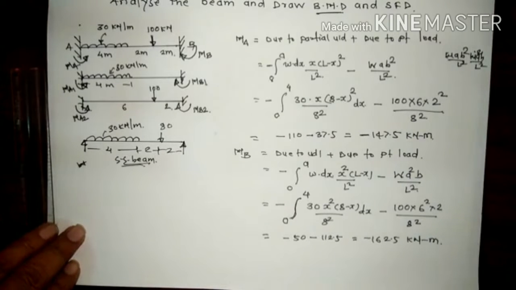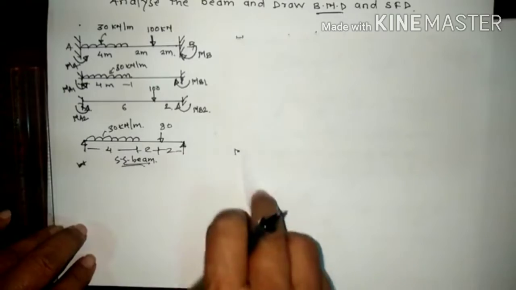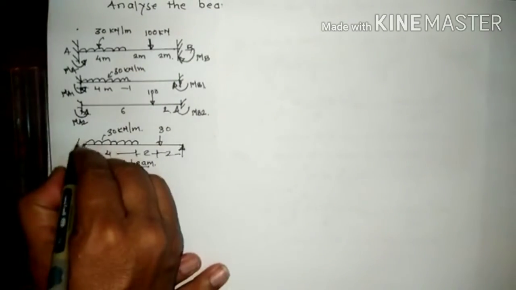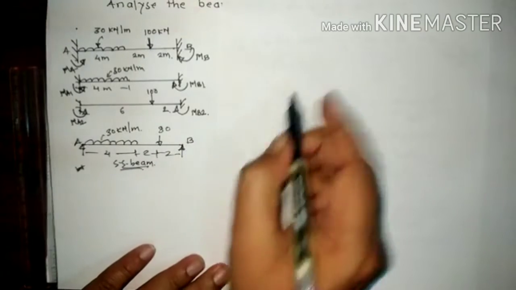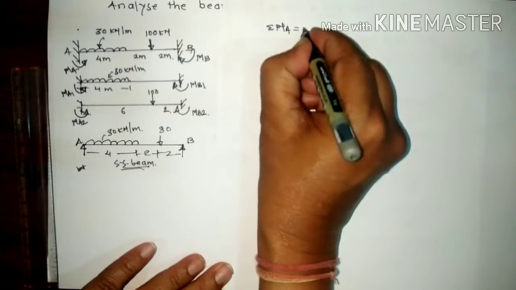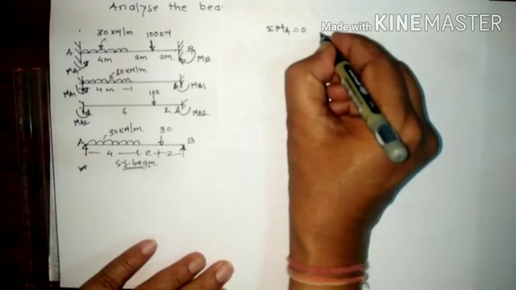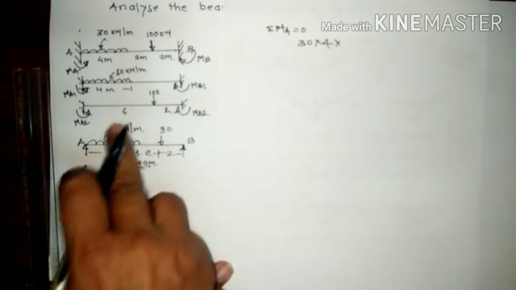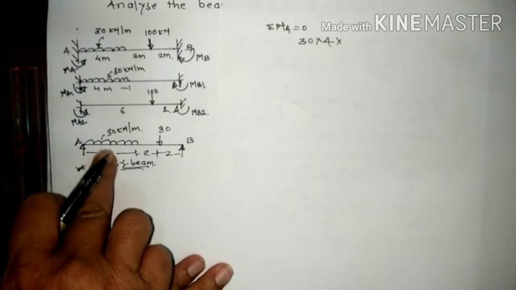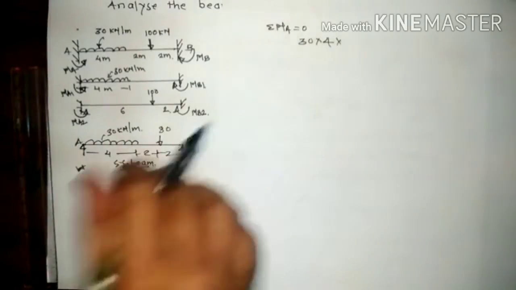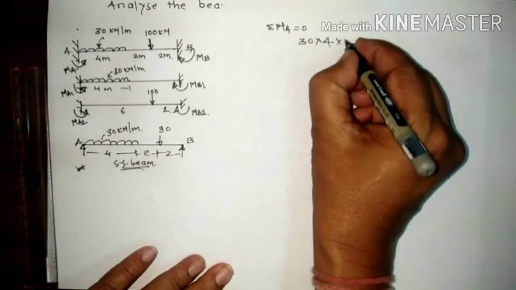Now here if you find the reactions, this point is A, this point is B, so sigma MA is equal to 0. So 30 into 4, this becomes the load. Now multiply by the central distance up to the point, so 4 divided by 2, that becomes 2.